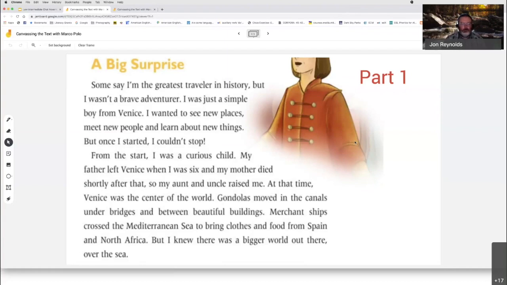I wanted to see new places, meet new people, and learn about new things. But once I started, I couldn't stop. From the start, I was a curious child.